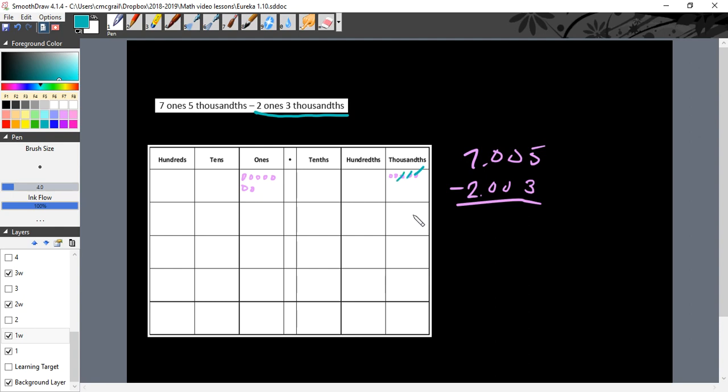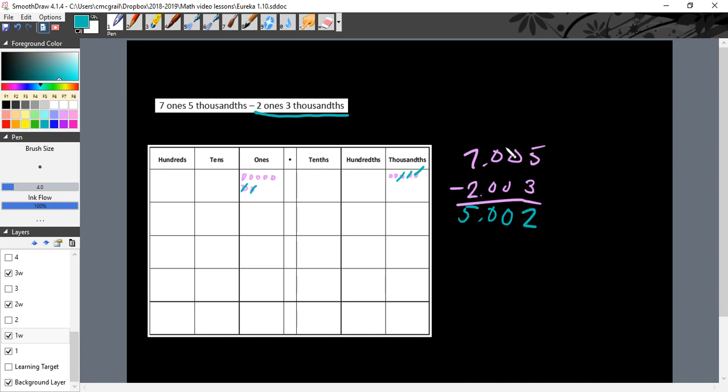And I can see that I have 2 remaining. So I'll put my 2 right here. Here, I am not taking anything away, so these zeros will remain zeros. And I'm subtracting 2 ones. So I'll go 1, 2. I can see that I have 5 remaining. And that's that. 5 minus 3 is 2, and 7 minus 2 is 5.